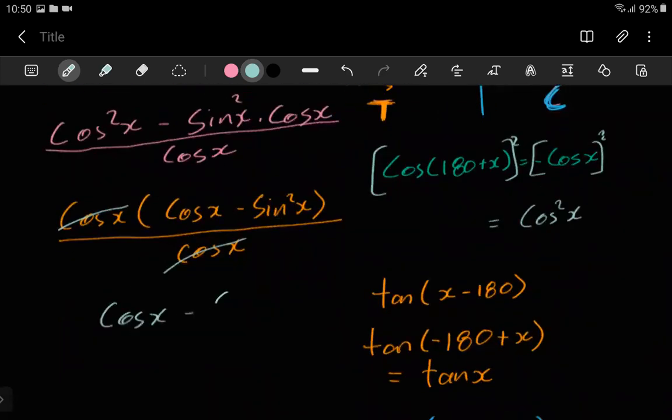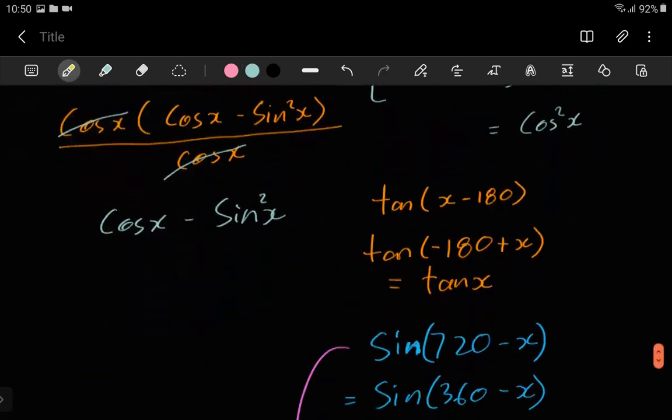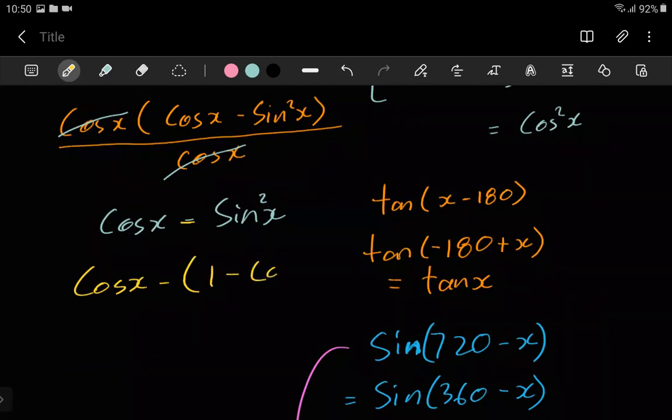For example, you see this sine squared x there. We can change this using the square identity, meaning this can change to 1 minus cos squared x.